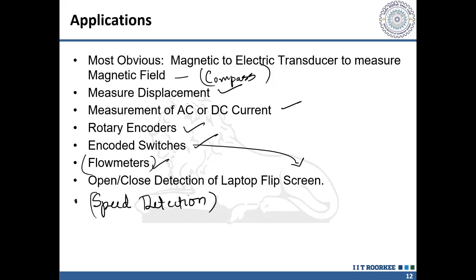Flow meters is basically speed detection, but when we have like water flowing down, and there's something like a paddle over here, the water pushes the paddle down, and let's say these are magnetized, and if the magnetic flux linkage with respect to the Hall effect sensor can be noted down and the readings taken, I guess this is probably how a flow meter would work with the help of Hall effect sensors.